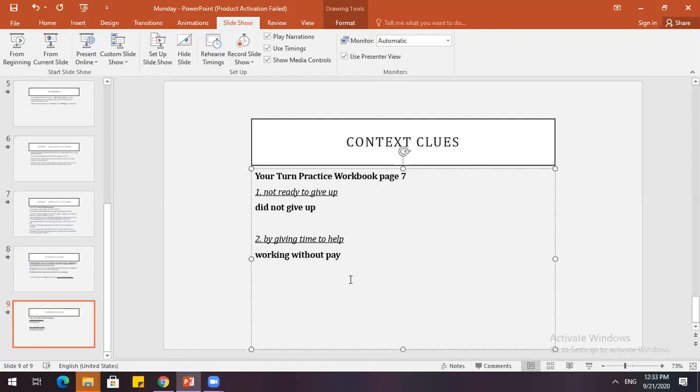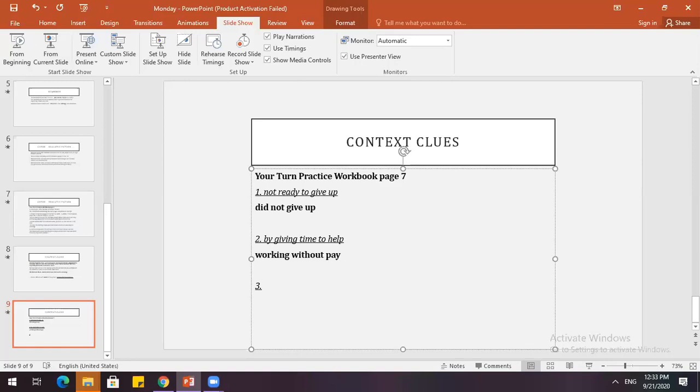Okay? Don't confuse the vocabulary words because many of them are similar. Miss, it's the antonym for wages. Excellent. All right. So the opposite of getting wages is volunteering. Very good. Thank you.